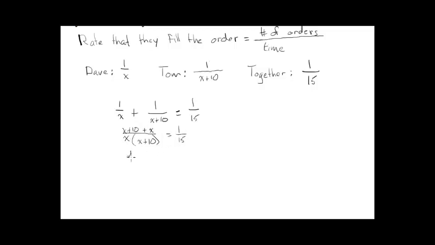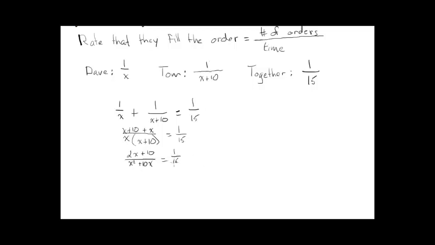So the numerator simplifies to 2x plus 10, over x times x plus 10. Let's expand this: x squared plus 10x equals 1 over 15.